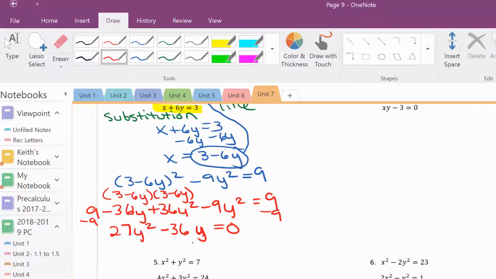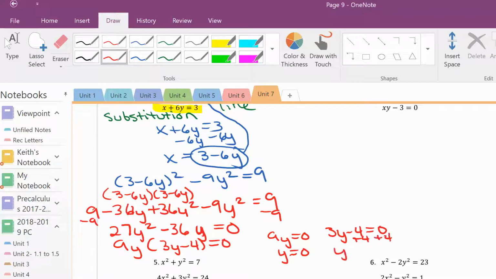So to factor it, you take out the common factor, which is 9y, and you have 3y minus 4 equals 0. So setting them both equal to 0, you get y equals 0. And then y equals 4/3.